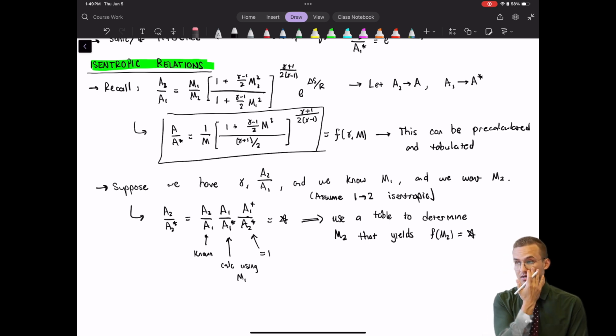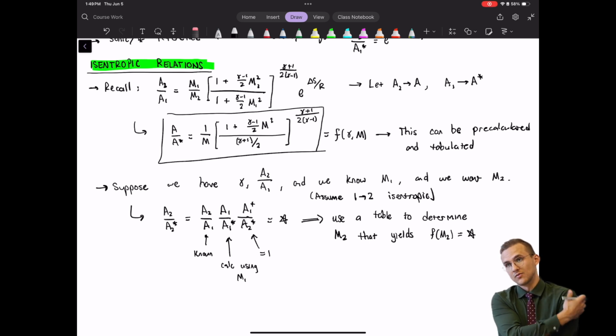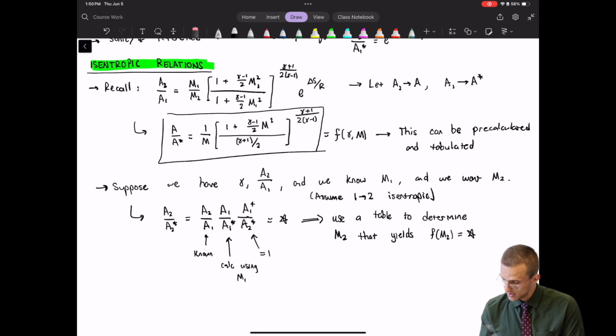In practice, that'd be done via software. You'd have something that would have all of these relations codified. But eventually you're going to be taking paper exams in this course, so we kind of have to rely on the property tables for you to do these types of problems, at least for now, until I can think of a better way to do this.